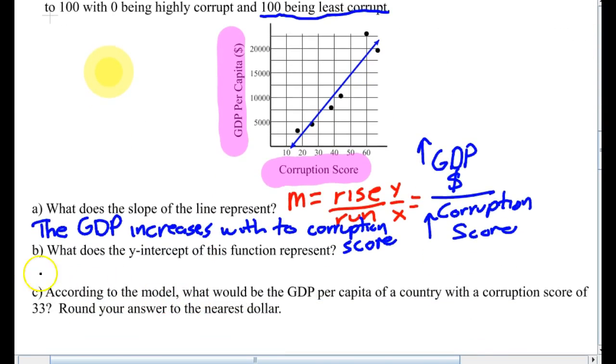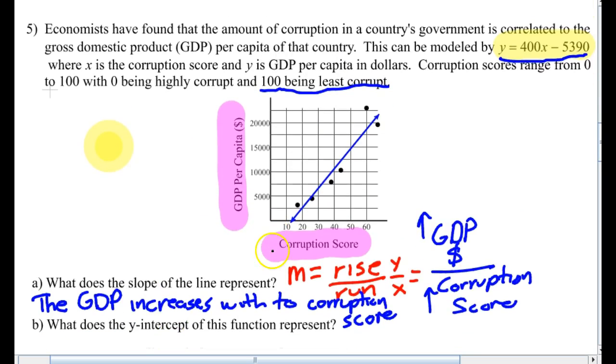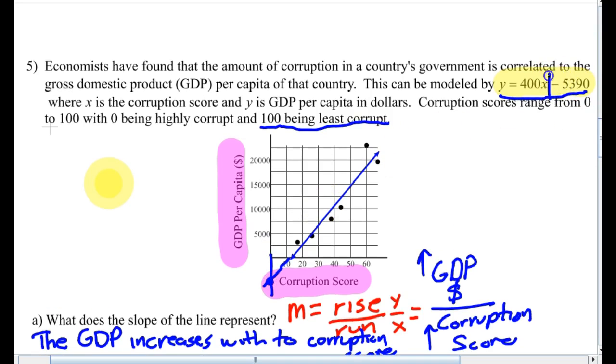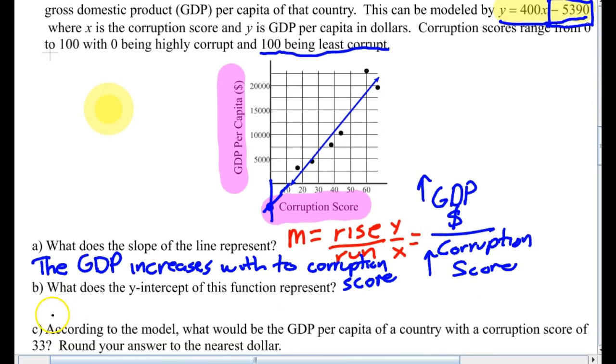When you're talking about b, which is the y-intercept, right? So that's if we just continue this down, it will cross right here. Now they already told us right here that's where it crosses. So the y-intercept, remember, is where x is 0. So it's really the coordinate (0, -5,390).